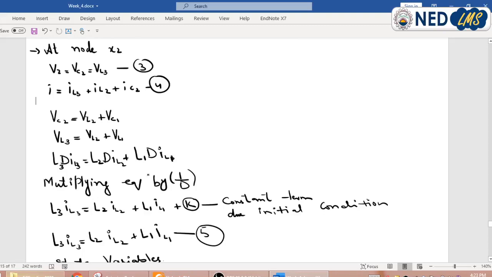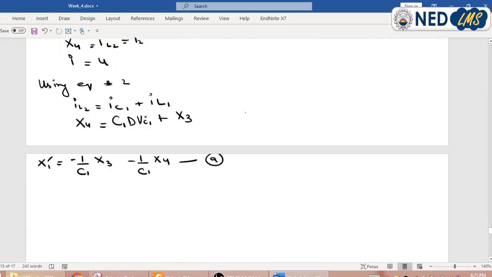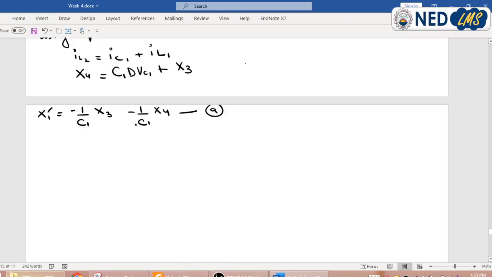So I will use equation number 4, which is basically I equals IL3 plus IC2 plus IL2.